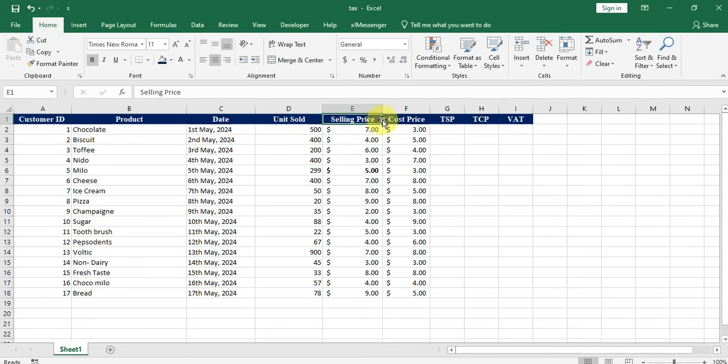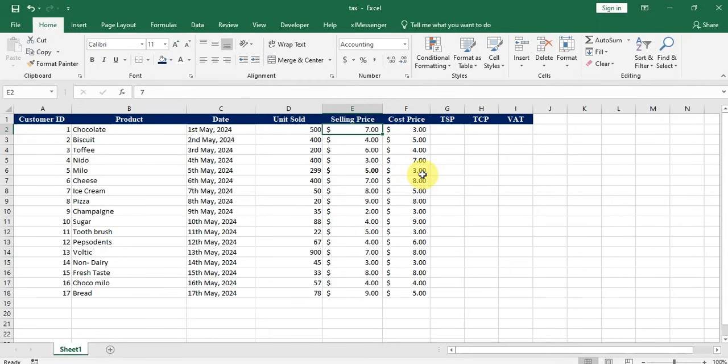With the selling price, I think this chocolate here was bought from the store at a price of 3 cedis, and then they sold it at a price of 7 cedis. The total number of chocolates they were able to sell on 1st May 2024 was 500. I don't know if you are following what we are doing here.